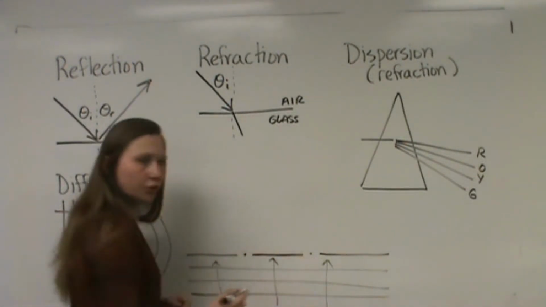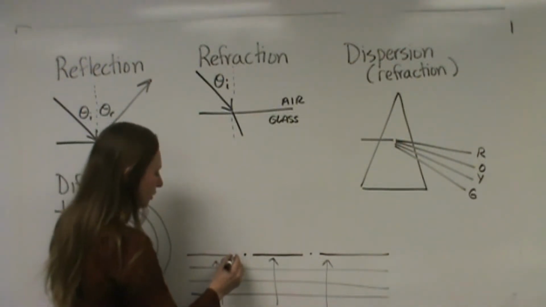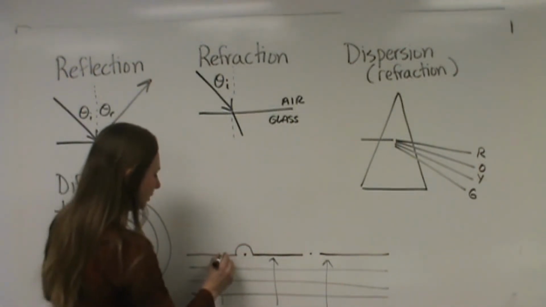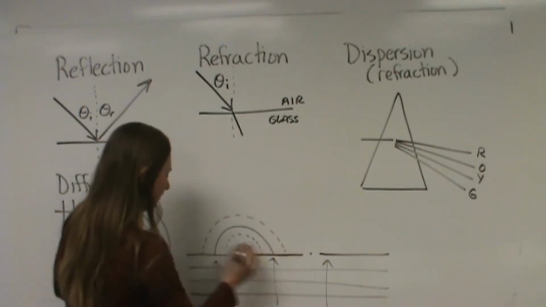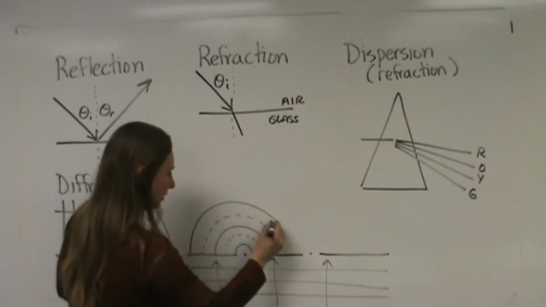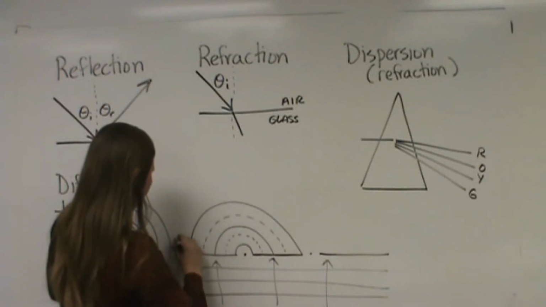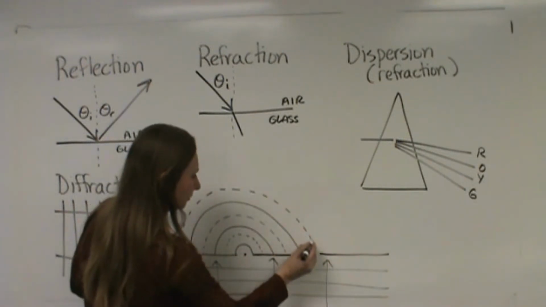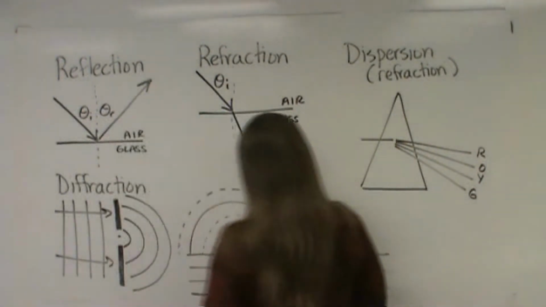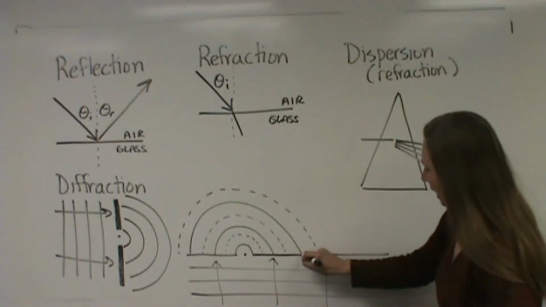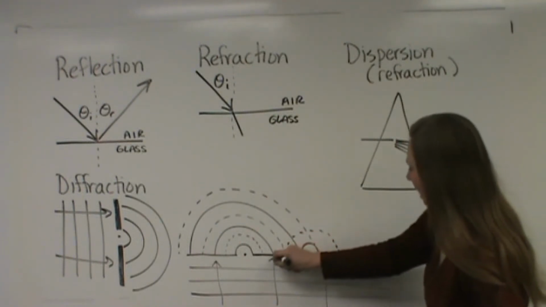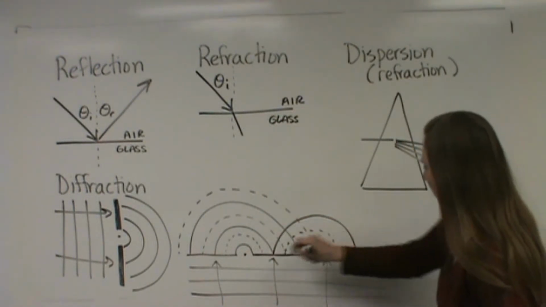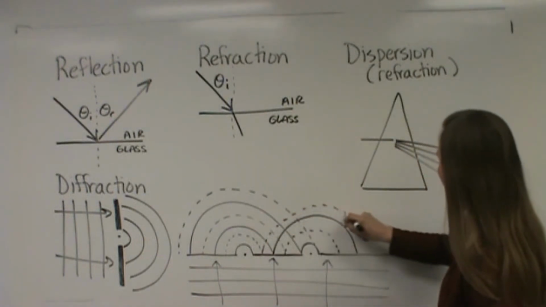Now this time I'm going to draw the crest and the trough, and the crest and the trough, and the crest and the trough. Okay? And over here, the same thing, a crest and a trough, and a crest and a trough, and a crest.